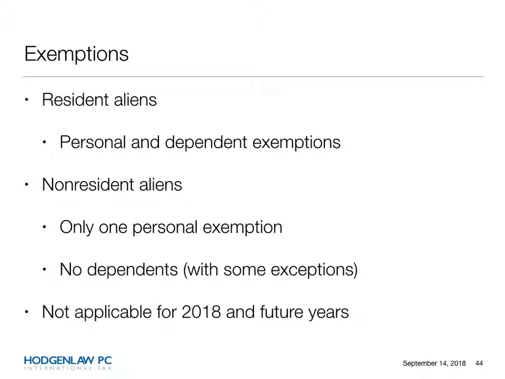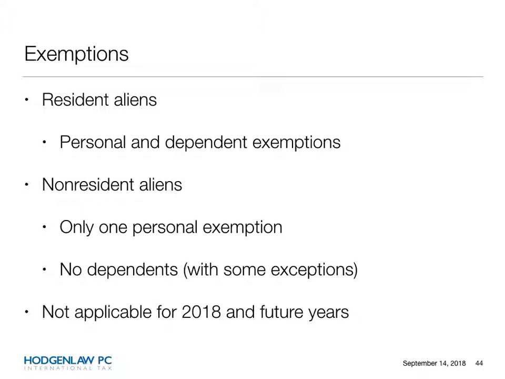Exemptions aren't so helpful anymore since they're gone from 2018 until the foreseeable future. They're supposed to come back after 2025, but we'll have to see about that, given the current political climate as well as how hard it is for tax laws to be passed or changed.